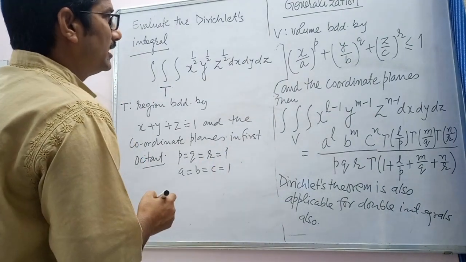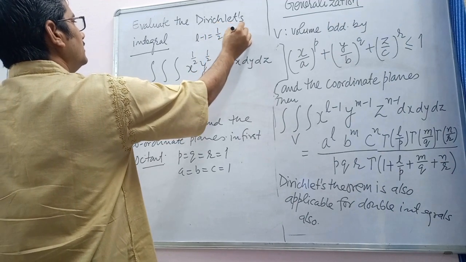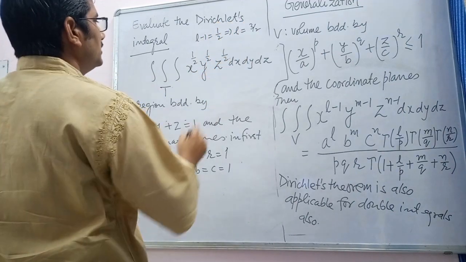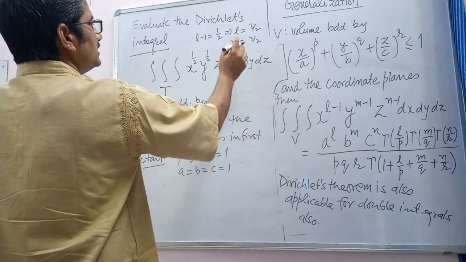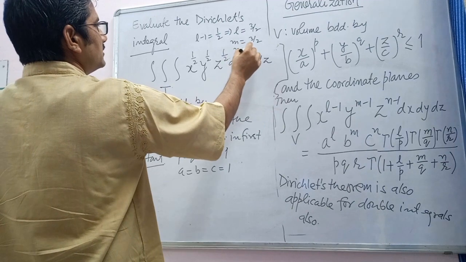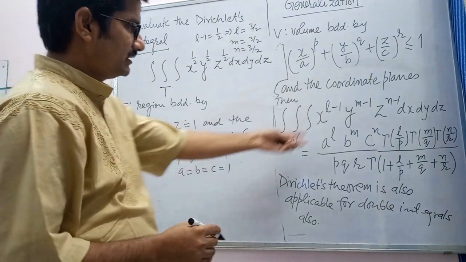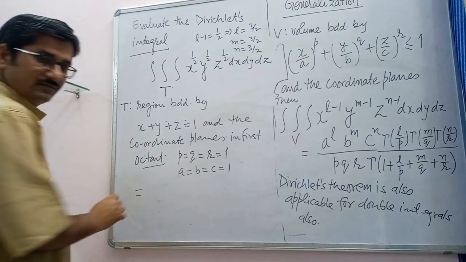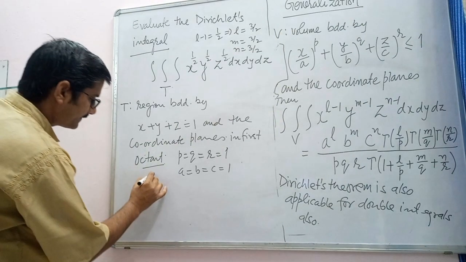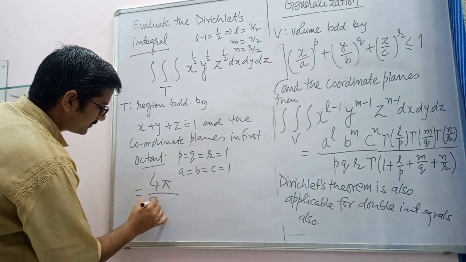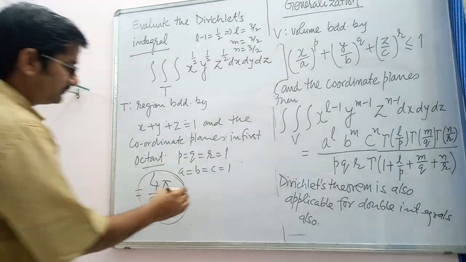And what about l minus 1? l minus 1 is 1 by 2, so l is equal to 3 by 2. And similarly m is also 3 by 2, because all the powers of x, y, z are the same, and n is also 3 by 2. So we can put l, m, n and p, q, r, a, b, c in this result. So finally our answer is 4 pi upon 945. So you can work out this problem.